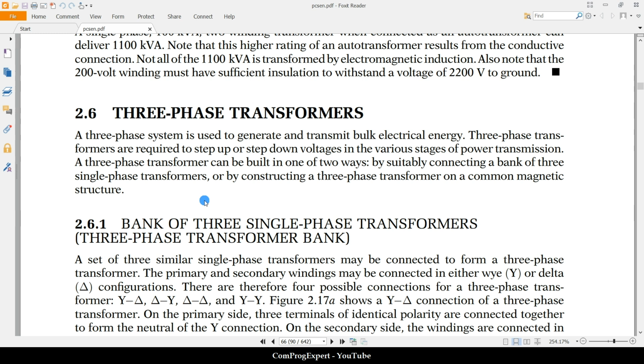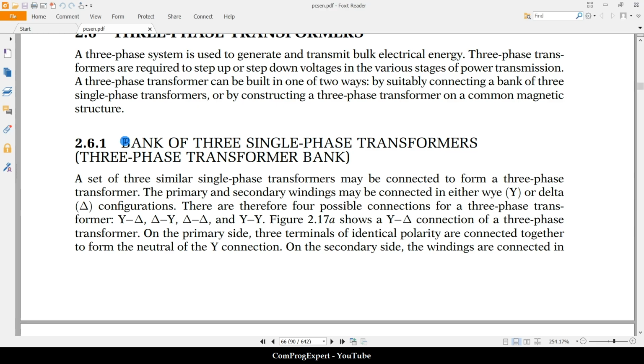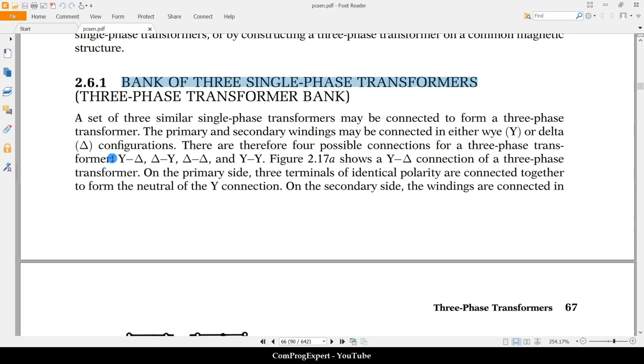So let's focus on the first one: bank of three single-phase transformers. A set of three similar single-phase transformers may be connected to form a three-phase transformer. The primary and secondary windings may be connected in either Y or delta configurations.